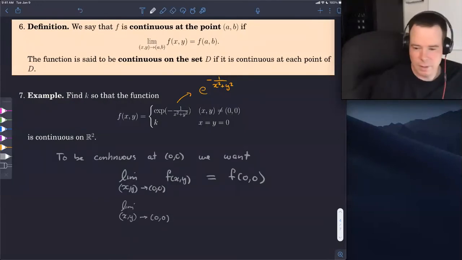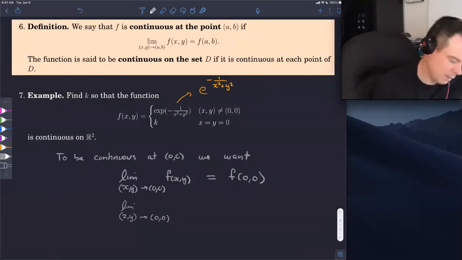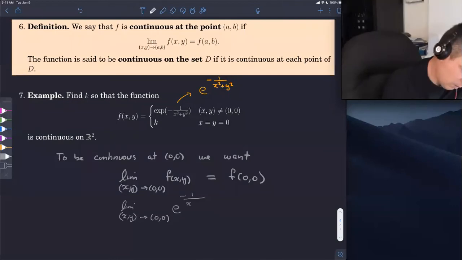So what is f(x,y)? Well, the limit as (x,y) goes to (0,0). Again, we only worry about points (x,y) that are close to (0,0), never actually at (0,0). So for our function, I can use the first piece of the expression. And I want that to be equal to f(0,0), which is k.